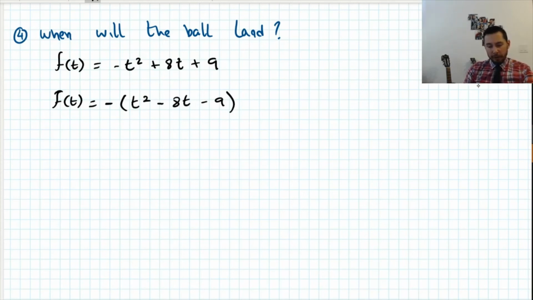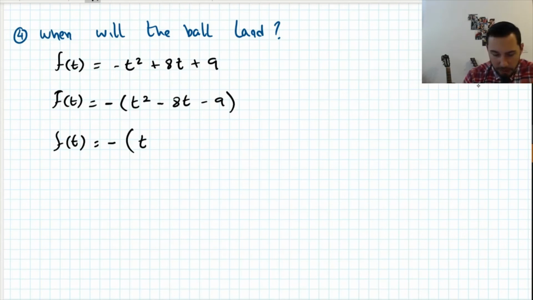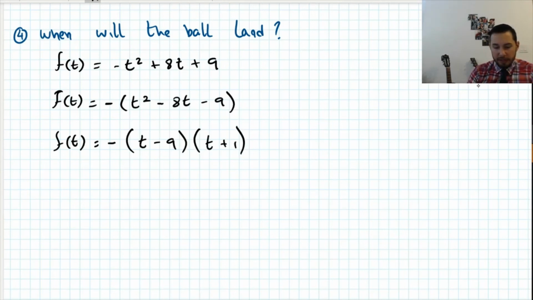Now I'm left with a leading coefficient of positive 1, and I need two numbers that multiply to negative 9 but add up to negative 8. So f of t is equal to negative outside, and this will be t minus 9 times t plus 1, right? Because negative 9 times 1 is negative 9, and negative 9 plus 1 is negative 8.